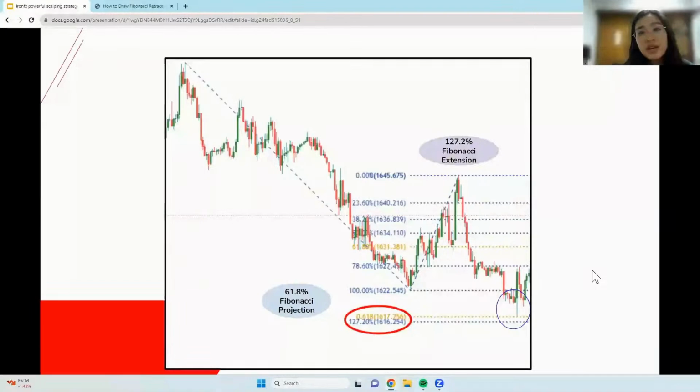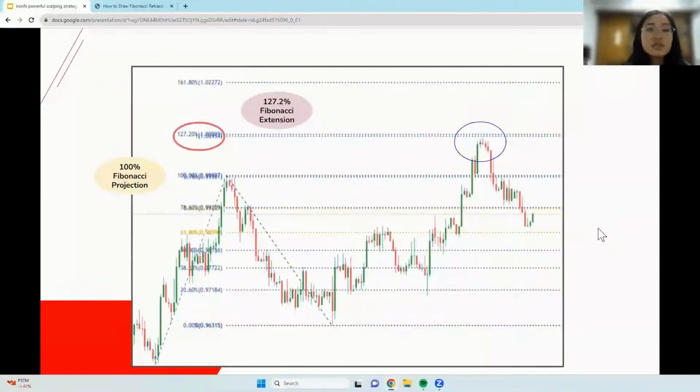Another example here, we have the 127.2% Fibonacci extension, and it lines up with the 61.8% Fibonacci projection, with the 3 points over here. Another example, 100% Fibonacci projection.